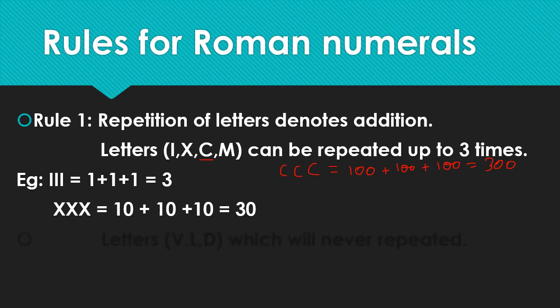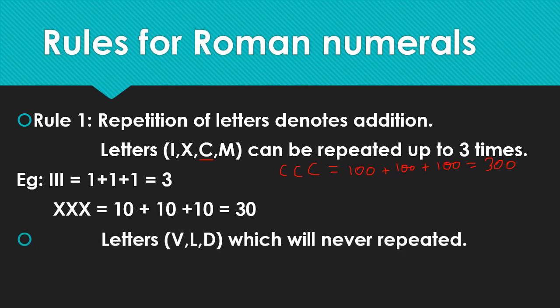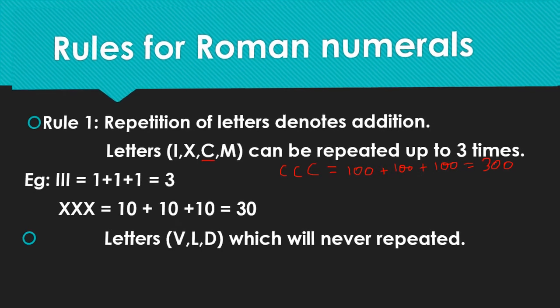Then M also you can repeat 3 times. So M is 1000 plus 1000 plus 1000, which is equal to 3000. Then the letters V, L, D will never be repeated.